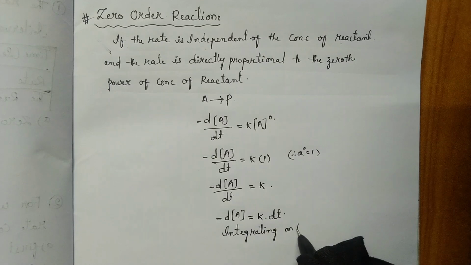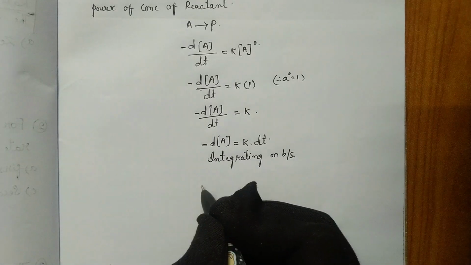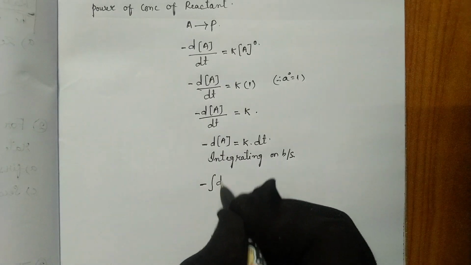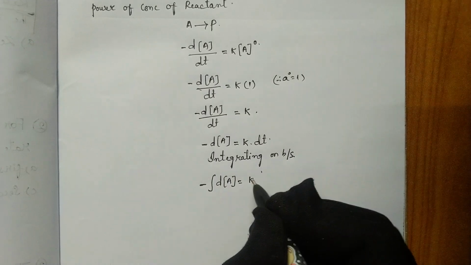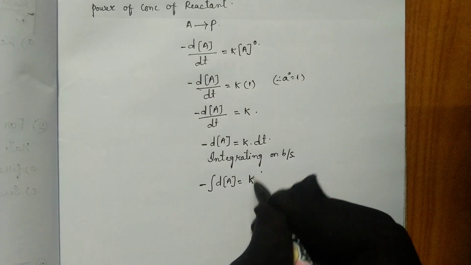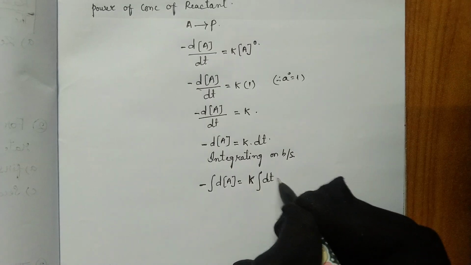Integrating on both sides, what will we get? Minus integration of d[A] is equal to k, and k is a constant, so we cannot perform the integration on the constant, so k times integration of dt.